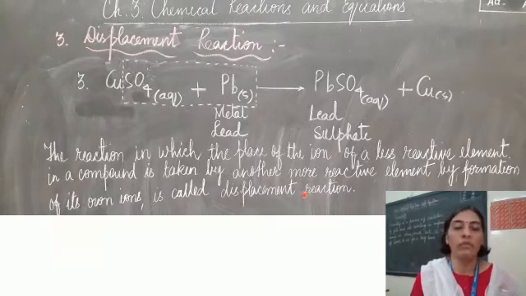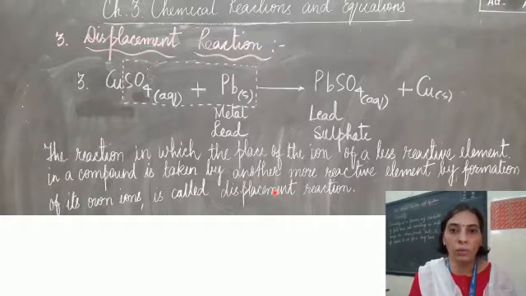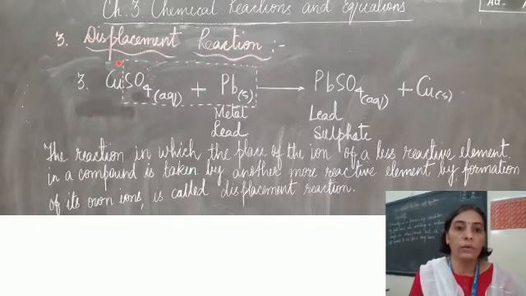On seeing, you might feel that this is a very lengthy definition, but try to understand it by breaking it into parts. Like the reaction in which the place of the ion of a less reactive element in a compound. So your compound is copper sulfate, and which is the less reactive element here?